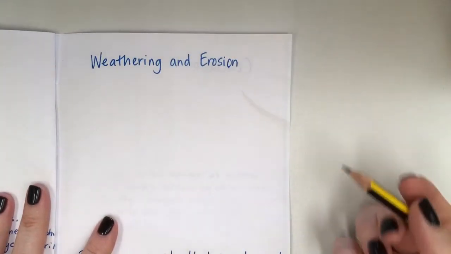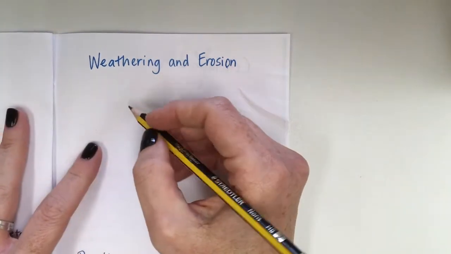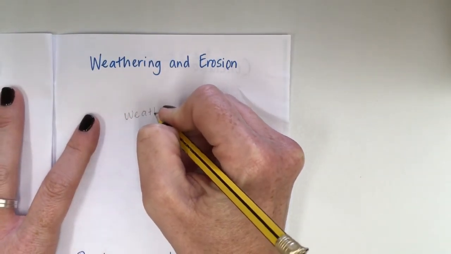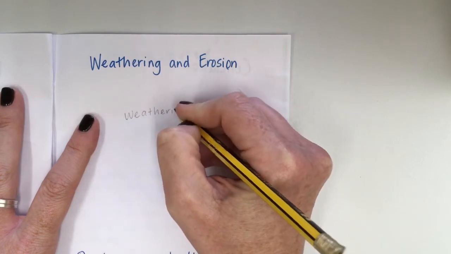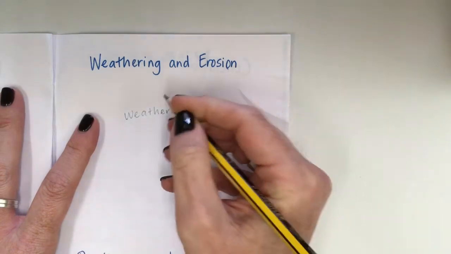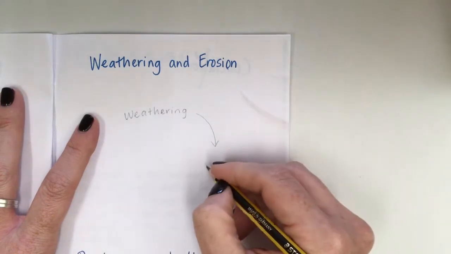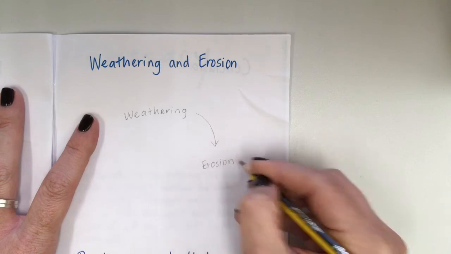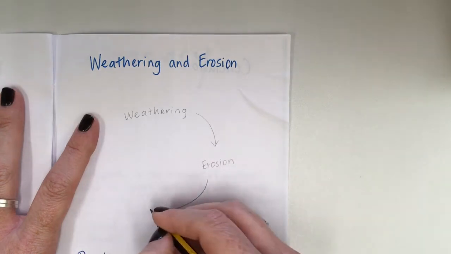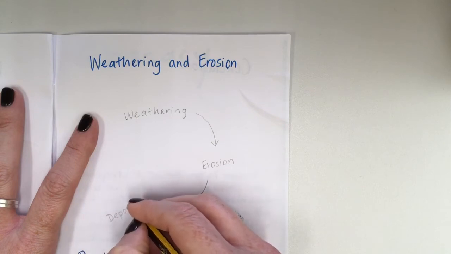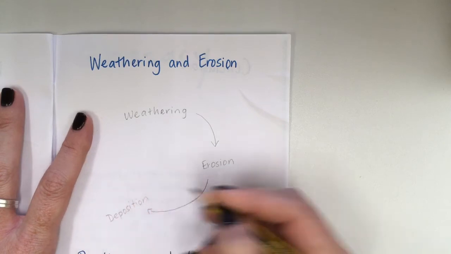So on this page with weathering and erosion, I might work to create a diagram that shows the relationship between these items. I know that weathering is when materials are broken down, and erosion is when they're moved. And then from erosion, oftentimes those materials are deposited somewhere through the process of deposition.